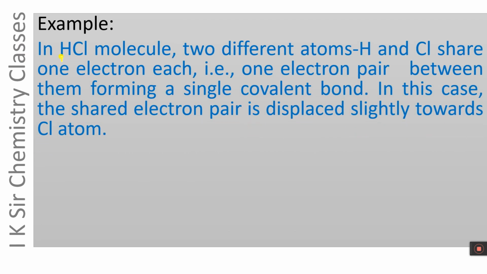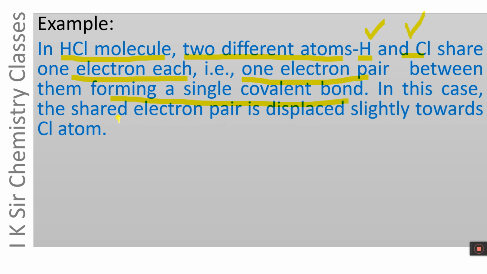Let us see an example. In HCl molecule, two different atoms, H and Cl, share one electron each, that is one electron pair between them, forming a single covalent bond. In this case, two atoms are different and hence they have different abilities to attract the shared electron pair.